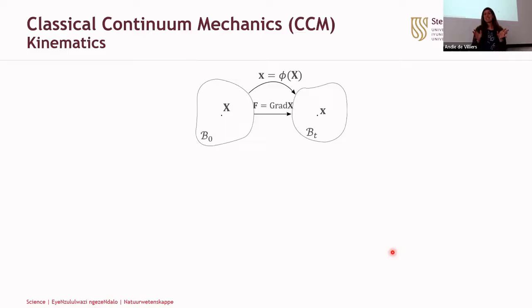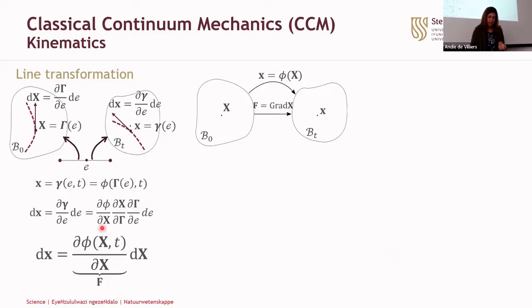So there are three main measures used in classical continuum mechanics. The first being the deformation gradient. The deformation gradient can be viewed as a mapping of a vector, so this would be the tangent of a curve from the reference configuration to the spatial configuration.